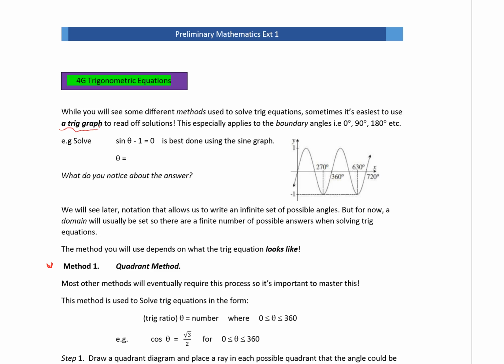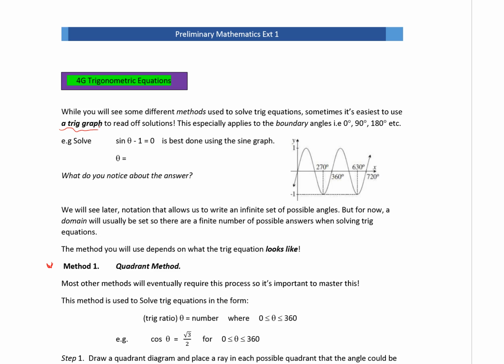Now, we know the obvious problem with graphing to solve equations is it's not very accurate. However, there are sometimes with trig equations when they don't so much want the exact value that would solve the trig equation. They sometimes just ask how many solutions there would be.